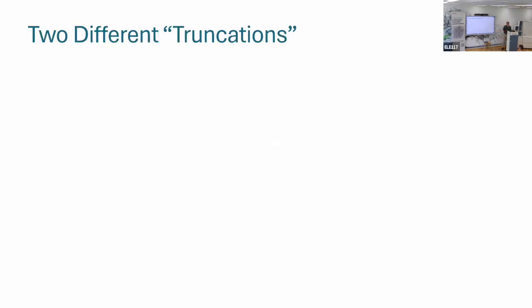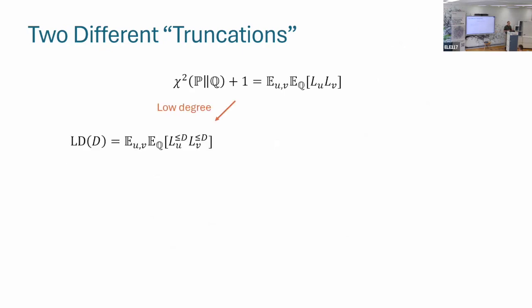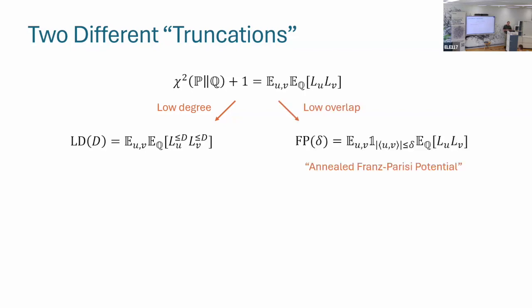So, all right, if we start with this statistical object, the chi-squared divergence, there are two different ways you can truncate this to make a computationally bounded analog. One way we've seen already, that's the low degree way, where you think about likelihood ratios, but your space of functions is restricted to these low degree tests.